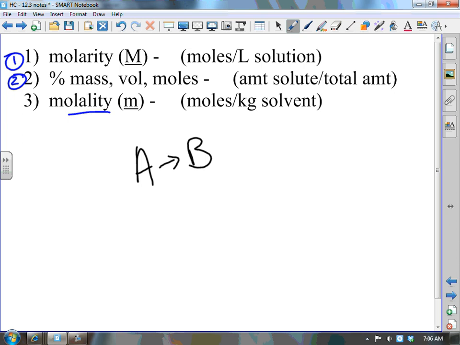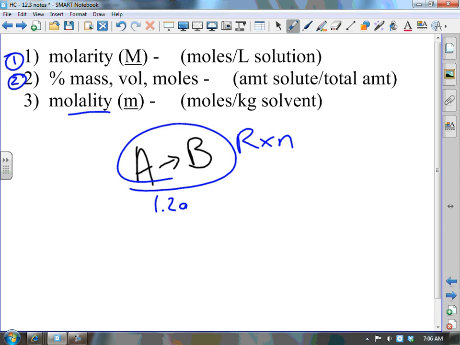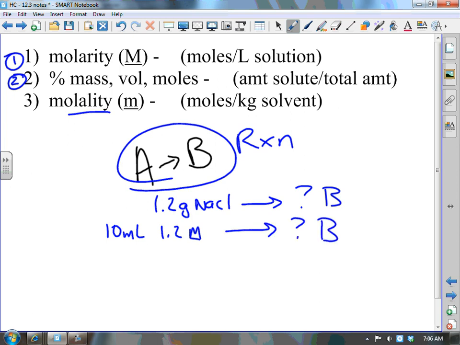Now, where else can we use these? Well, we can use these in A to B problems involving reactions. So instead of saying we measure out 1.2 grams of sodium chloride and we're trying to find out something about B, we could now say we measured out 10 milliliters of a 1.2 molar solution and we want to find out something about B. From here, we can figure out how many moles.